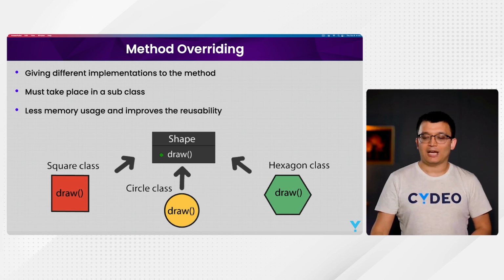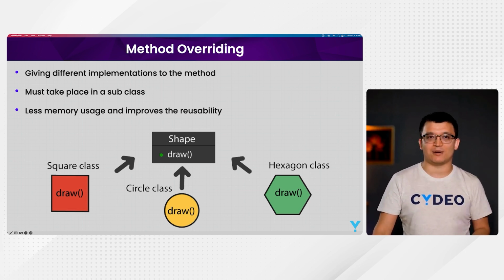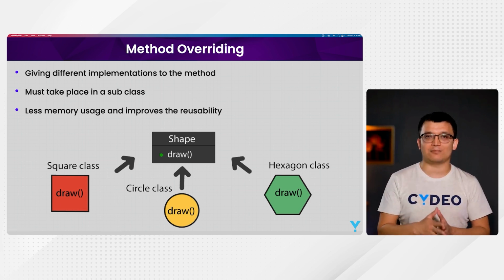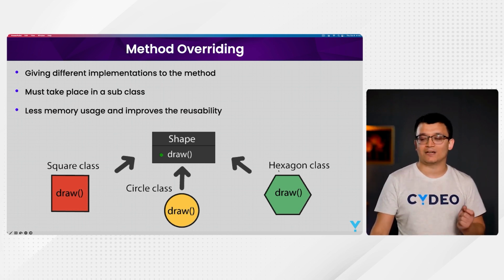When the draw method gets executed from a Square class object, I want the draw method to draw me a square. And when the draw method gets executed from the Circle object, I want it to draw me a circle. But if the draw method gets executed from the Hexagon class object, then I want it to draw me a hexagon.